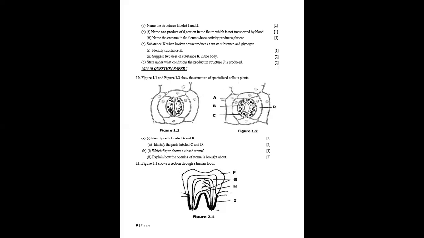The nerves make the tooth sensitive to stimuli such as temperature, pH, and pressure. The blood vessels supply the tooth with food and oxygen. I is a bone-like tissue with fibers that anchor the tooth into the jawbone. That's the function of I.